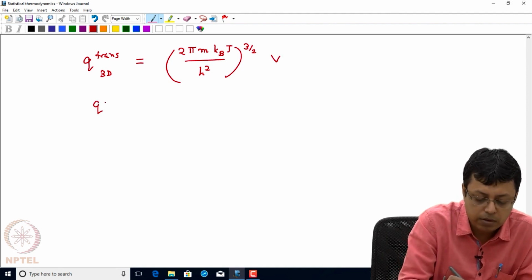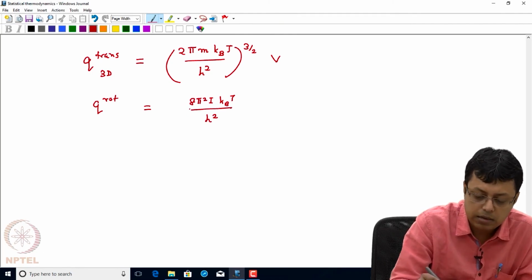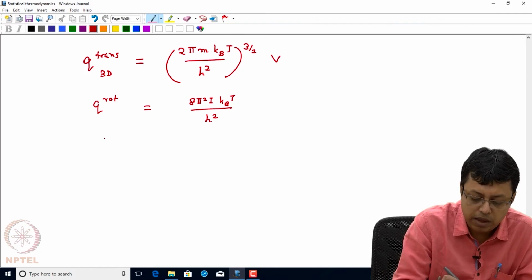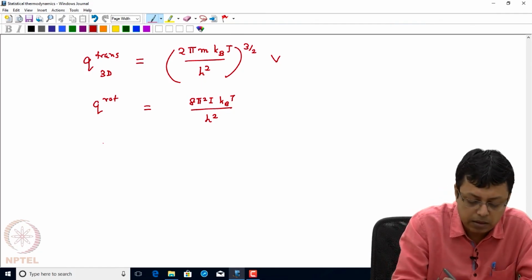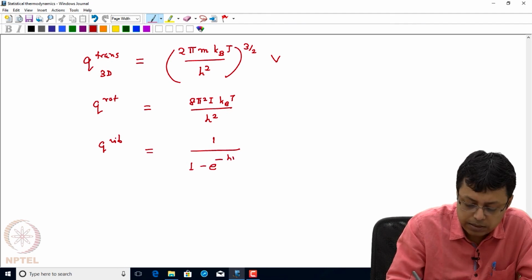Then we have the rotational partition function, which is 8π²I kBT divided by h², and then we have also the vibrational partition function, and that is 1 over 1 minus e to the power minus hν by kBT.